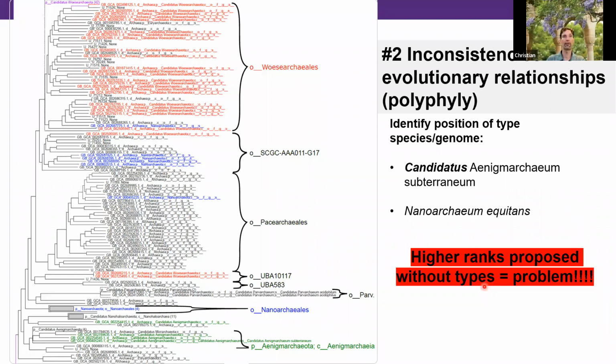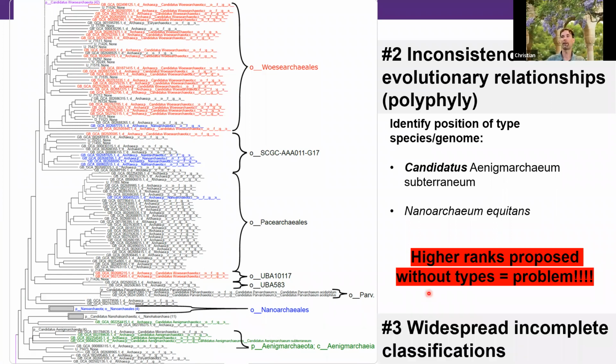That is a big problem, because then it's almost impossible to find out where the type material is, and if this lineage is polyphyletic, we don't know which is the true lineage and which one is not. So type material is essential if you propose any new ranks or any new names.